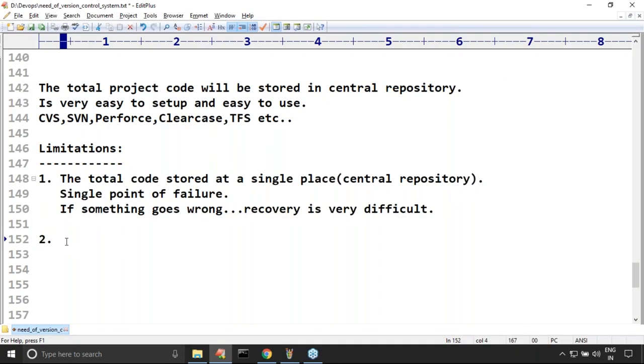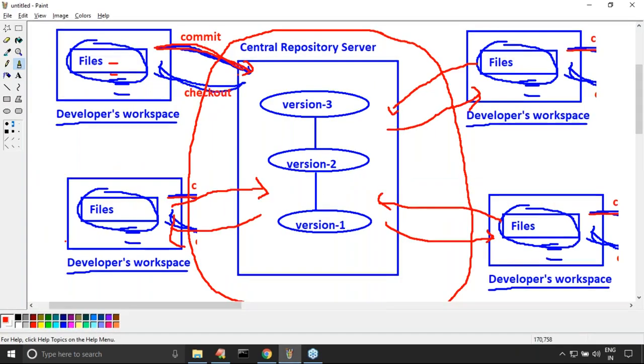Now the second problem, which is also very important. Assume that I'm developer A and I want to perform a checkout operation. How can you perform it?